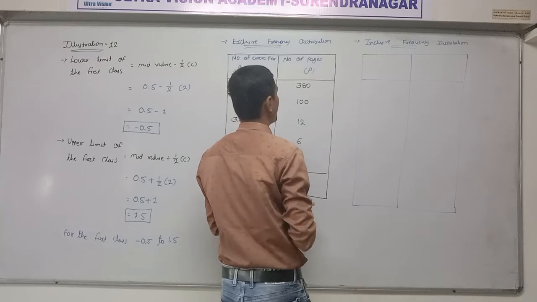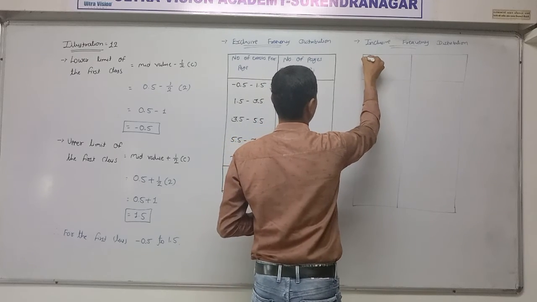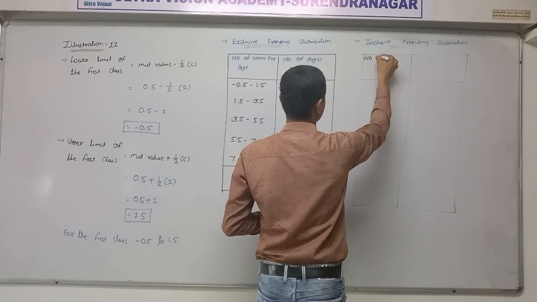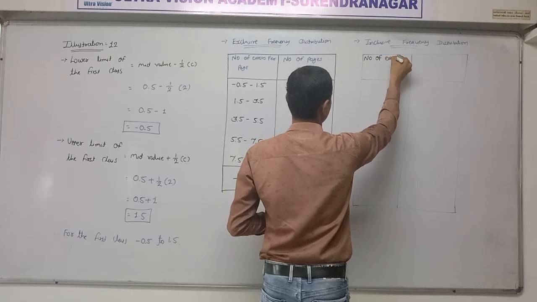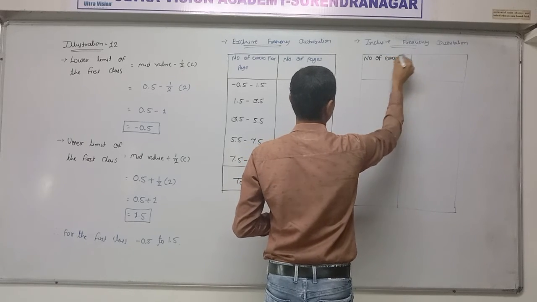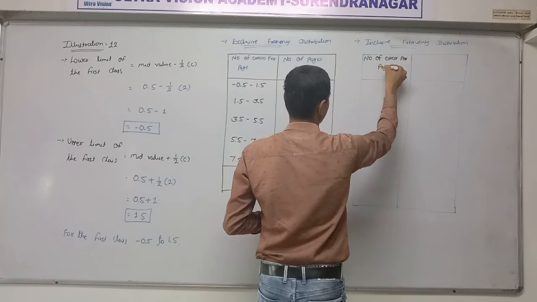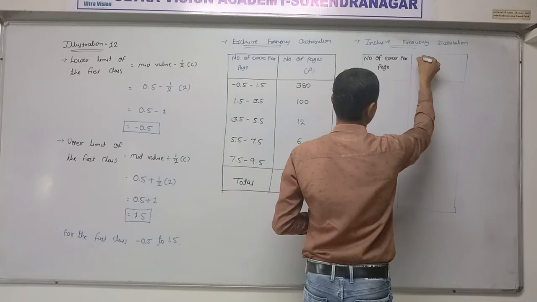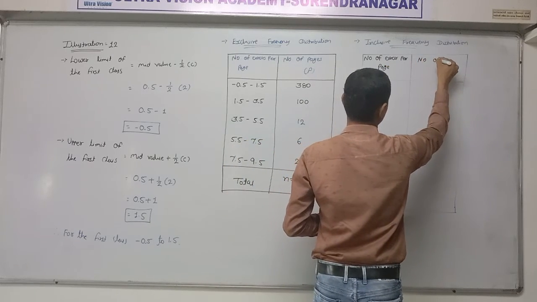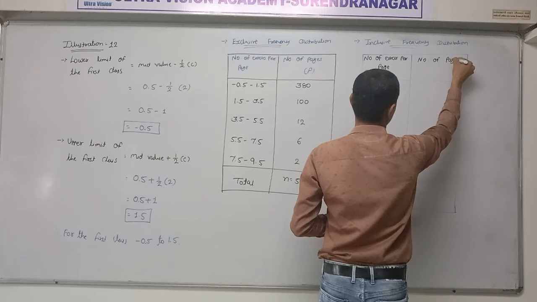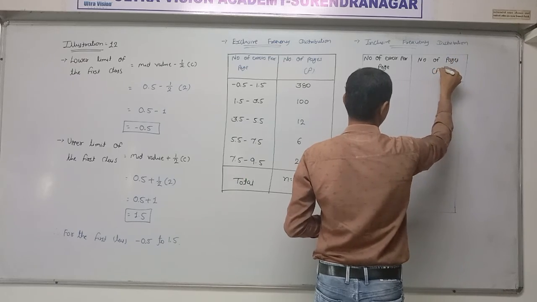Next heading is also the same, number of errors per page, and number of pages, our frequency F.